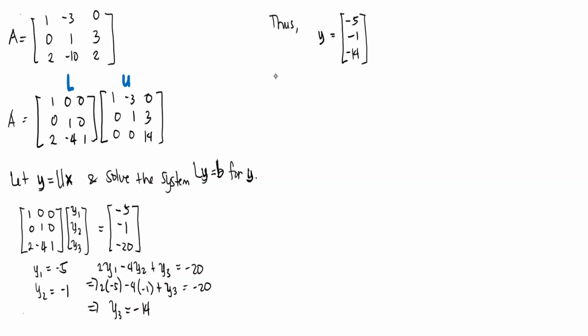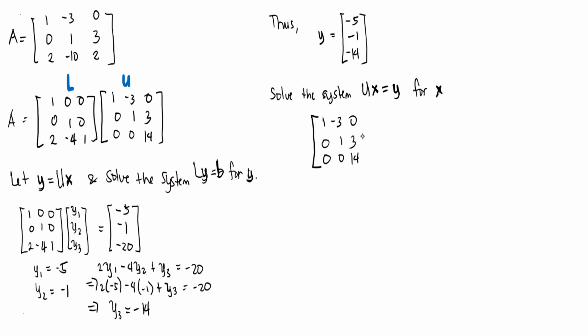Now let us solve the system Ux = y for x, where U is the upper triangular matrix. So we use the upper triangular matrix with rows 1, -3, 0; 0, 1, 3; and 0, 0, 14.